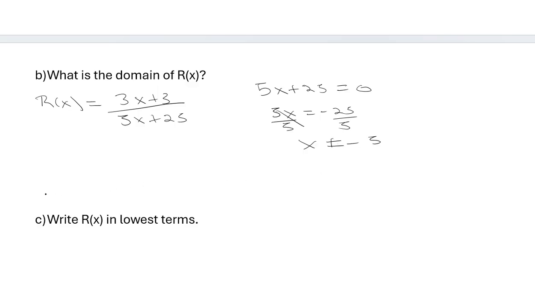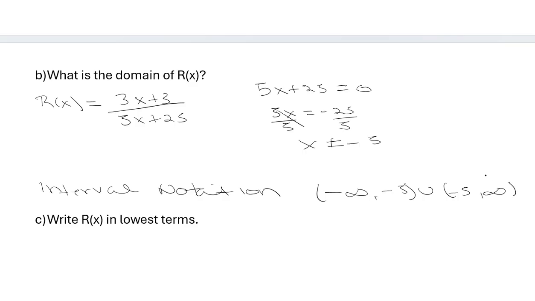So I'm going to write my answer in interval notation. That will be from negative infinity to negative 5, union negative 5 to positive infinity. That makes negative 5 undefined. All right, and then the next part says, write the function in lowest terms.